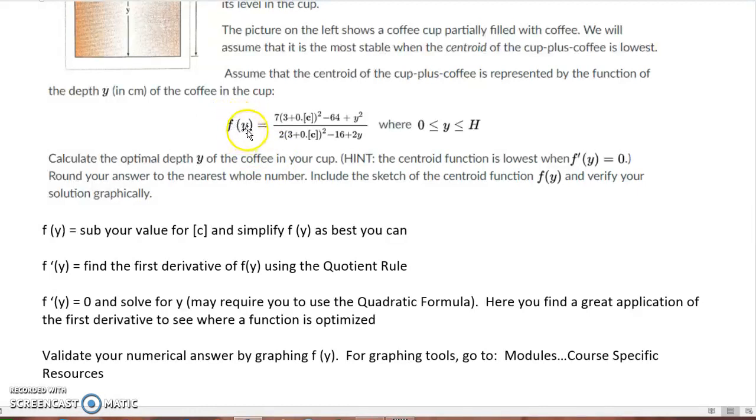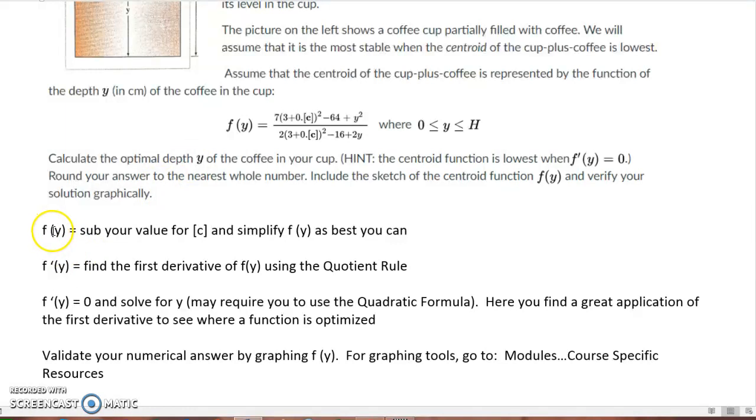It actually did not show you the variable. Remember that the centrifugal force was defined as a function of velocity, but here we're just giving you strict function notation, f of y, and again, that's the centroid as a function of the depth of the coffee y in your coffee cup.